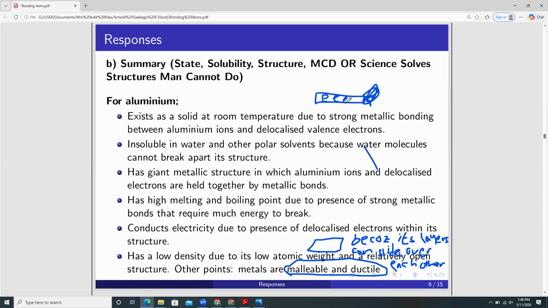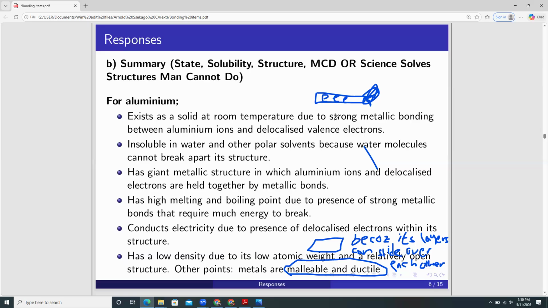Those electrons will gain that heat, or we say that their kinetic energy increases and that energy is transmitted throughout this structure. Therefore, one can say that aluminium conducts heat due to presence of mobile electrons within its structure that can gain heat energy when it is applied at one end of the metal.